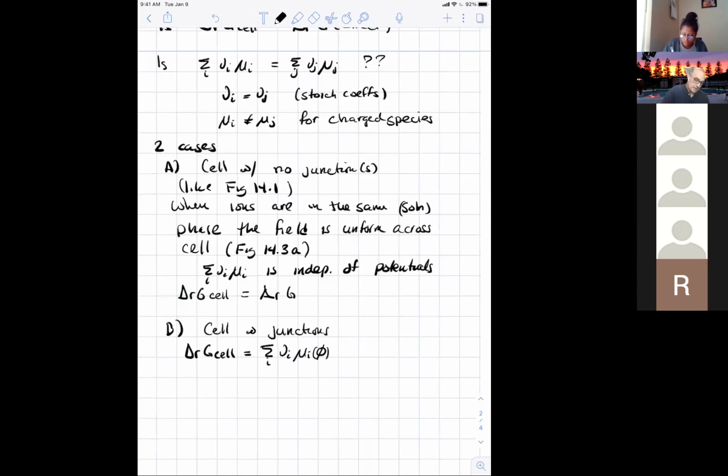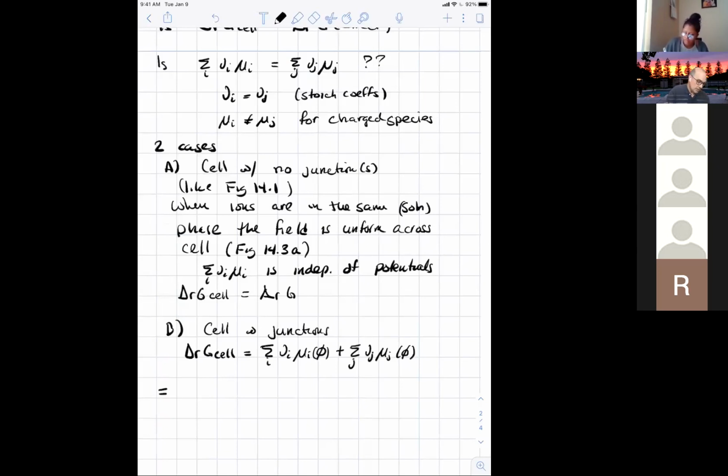We have these free energy terms in the field, right? So this is what we have. Now we definitely have a field. In other words, we have a potential. We're going to have a break across a junction.